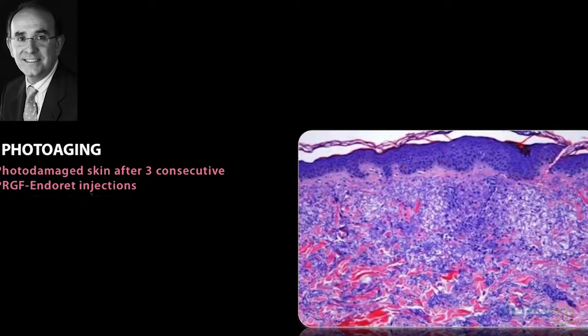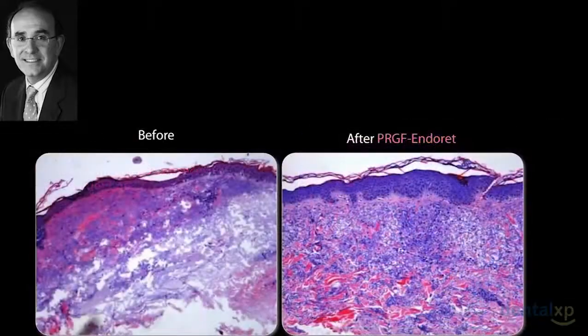You recover the elastin, you increase the thickness of the skin, and of course, you improve the look of the patient, and all the patients are very happy. But observe the significant differences in the same patient. This was the elastin, and this was the new skin that you can regenerate, just infiltrating the PRGF in your office.